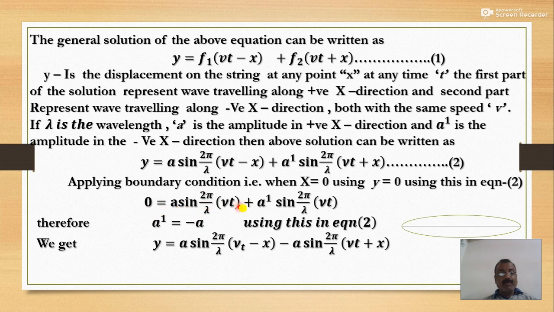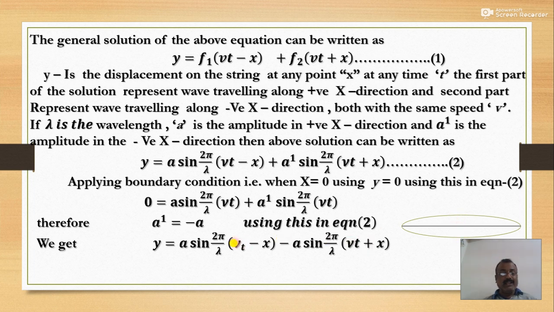Hence, a plus a dash is equal to 0. Hence, a dash should be equal to minus a. That is, this is plus a, this is minus a. Both are having the same amplitude.